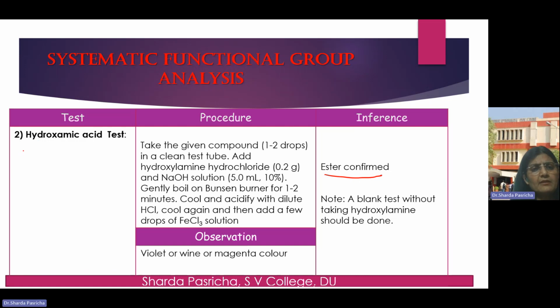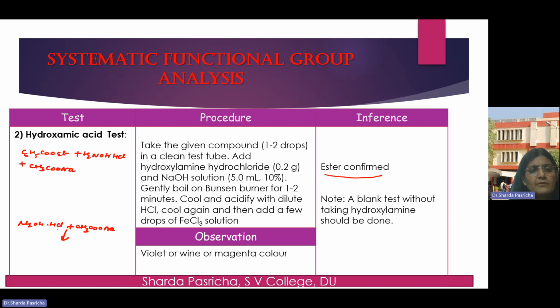So let us again take ethyl benzoate, okay, and we have added hydroxylamine hydrochloride and sodium acetate. Let us first understand what will happen when hydroxylamine hydrochloride and sodium acetate react together.